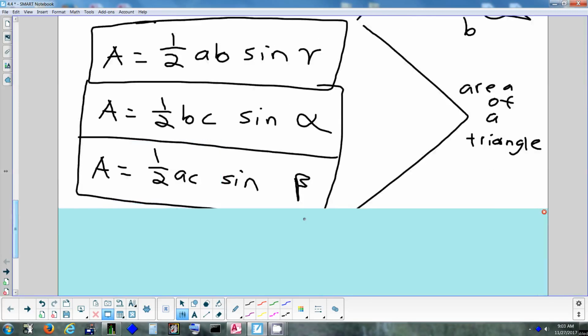So in general, it's easier to just remember the idea of what you're doing rather than try to remember every arrangement of letters. Because if you remember the idea, you can do it with any arrangement of letters, not even A, B, and C. You could use X, Y, and Z for the sides.